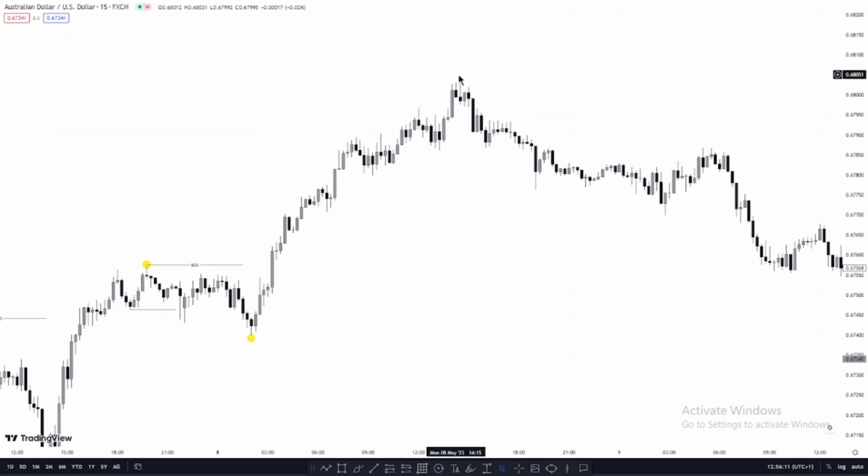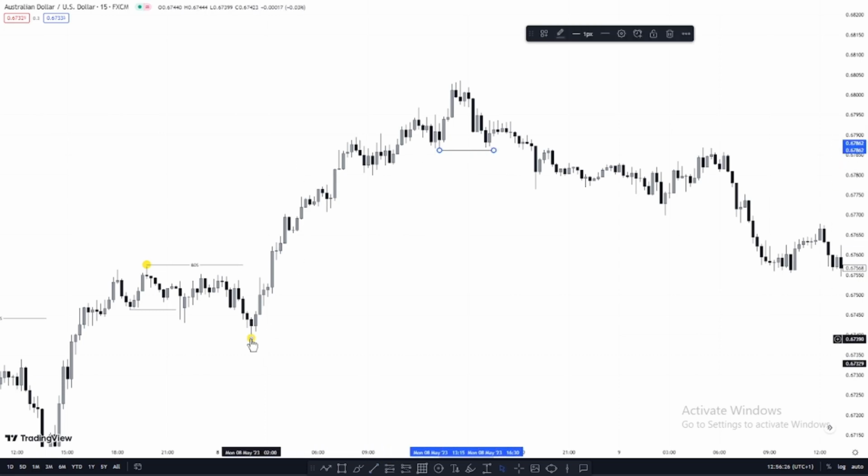Now we have a new high in the market. This is a new high, and I'm going to tell you why it is a new high. Take a look at this. Price has taken out the first internal structure low. All right, it took it out, confirming this high as a valid high. Look at it. This high is confirmed as a valid high.